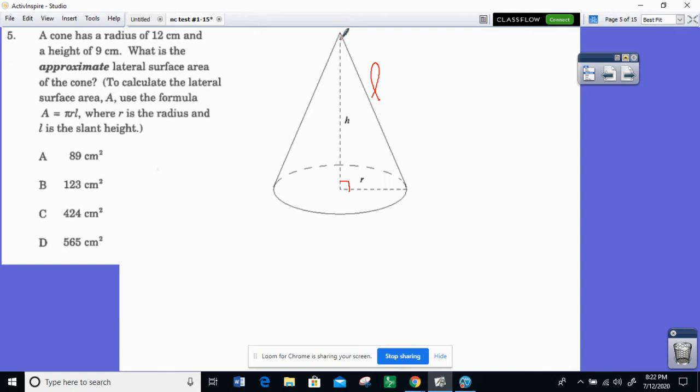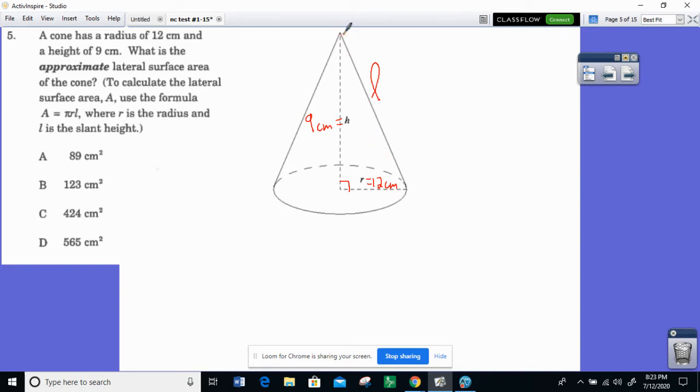Well, if you notice, we've got a nice right triangle right here. So they tell us that the radius is 12 centimeters. This picture is not going to be drawn to scale, and that's okay. We're just trying to put a picture to the information that we're given here.